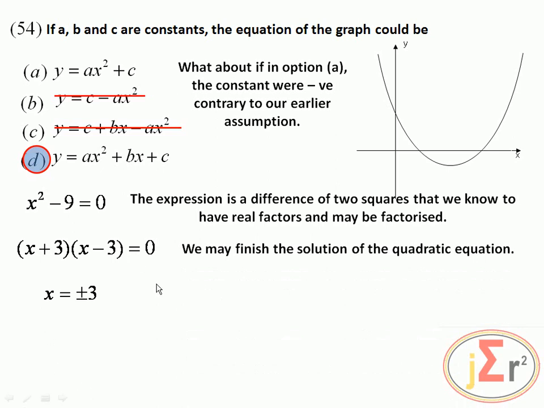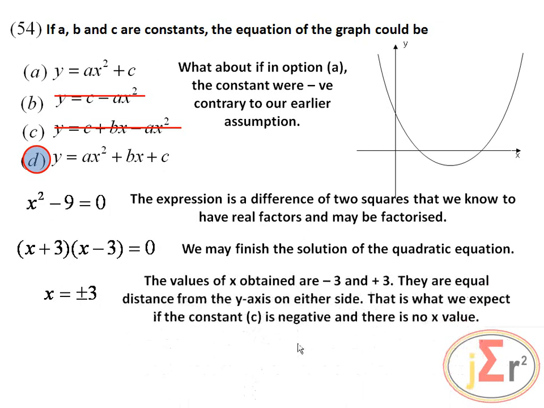We are familiar with solving a quadratic equation in which the quadratic expression is a difference of two squares. We will have a number, but we will have positive and a negative. The values of x obtained are negative 3 and positive 3.